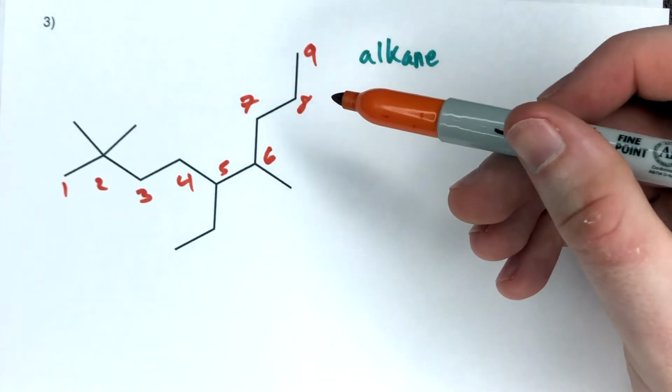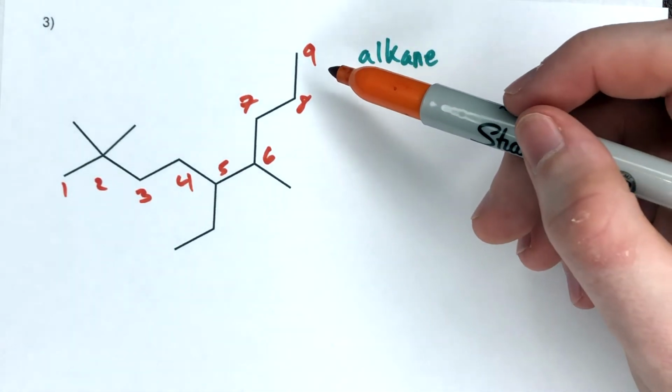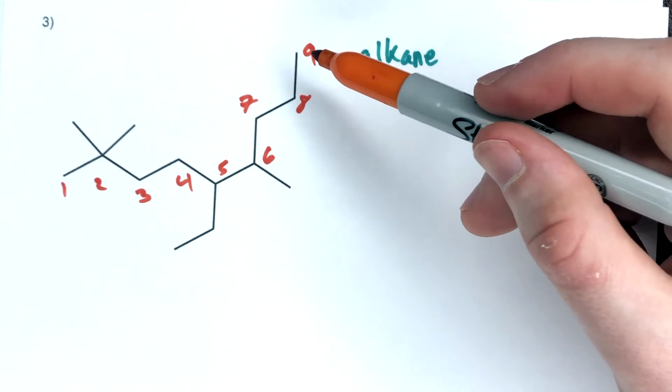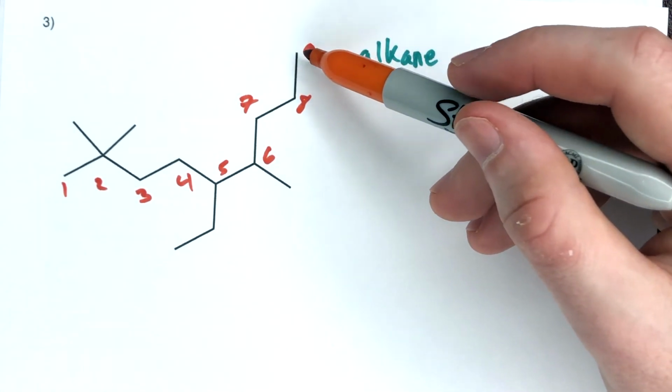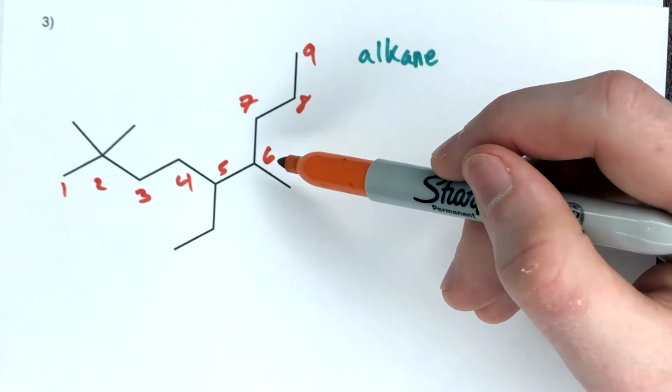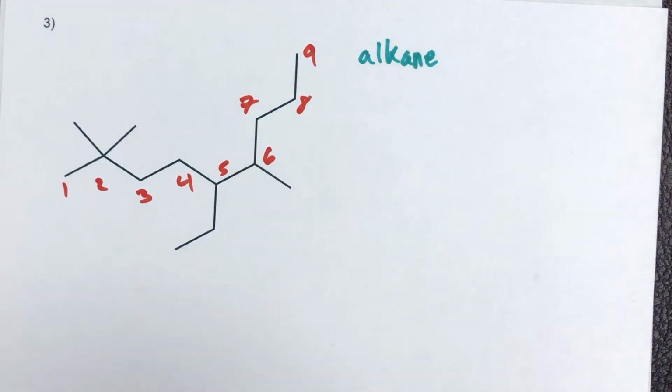Well, if you do that, again, it's rule number 2, the lowest numbering system, that would not be satisfied in that case, because you would put your first substituent at 4, and here our first substituent is at 2. So that's simply why this wins. This is a better system by our nomenclature rules.